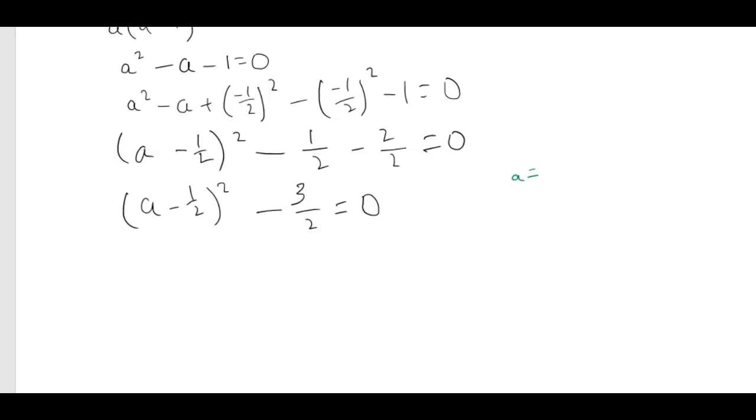This is a different a, and I'm showing that with a different color. So a, when we're doing the difference of perfect squares, I hate using the same letter because this a is different to this a, but if you understand that we're doing the difference of perfect squares, that should be fine. So we're a minus a half, and then b becomes the square root of 3 over the square root. Oh, gosh. I've just noticed I've made a mistake because I knew that couldn't be there.